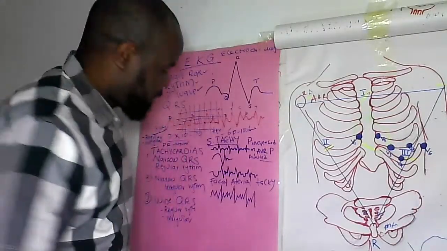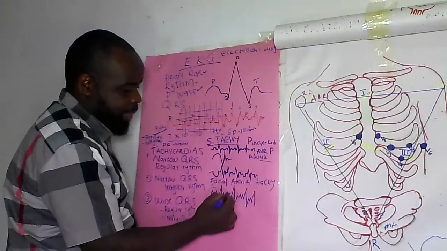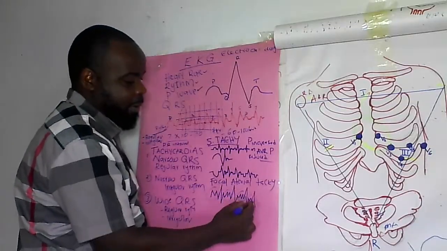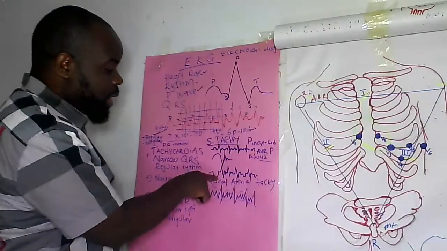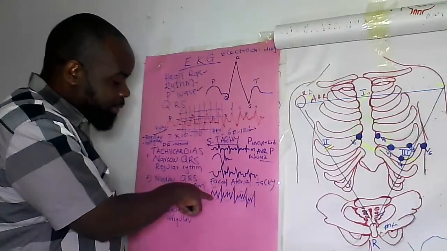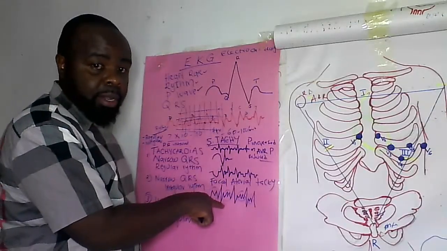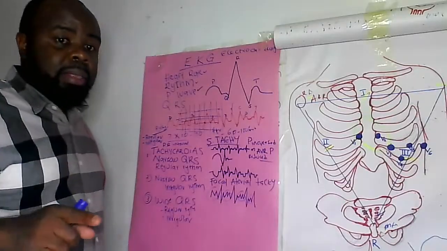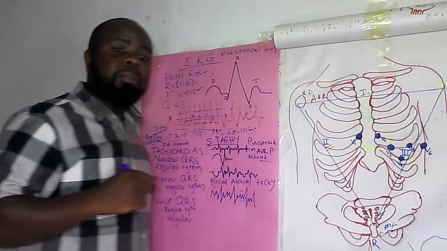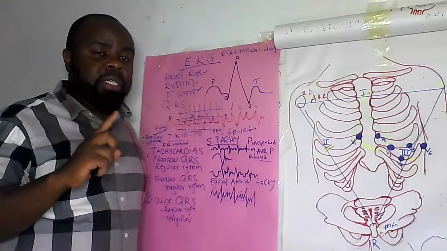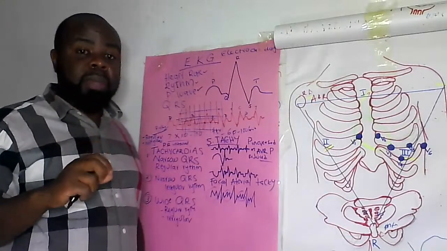Some jigsaw pattern like this. What does this jigsaw pattern mean? Now, we don't have the P wave, but we have some jigsaw pattern. It means that there is a point in the heart system that is really hitting so fast that even the P wave is not coming out.